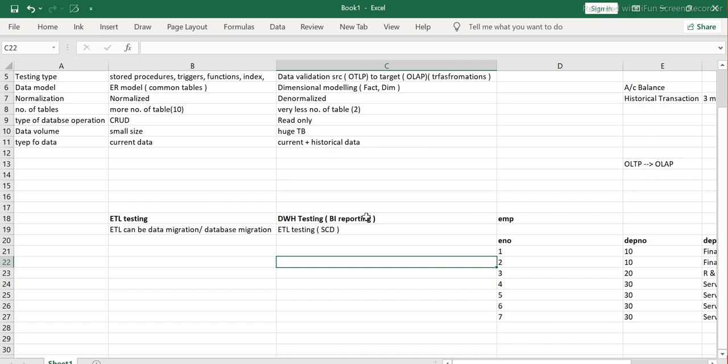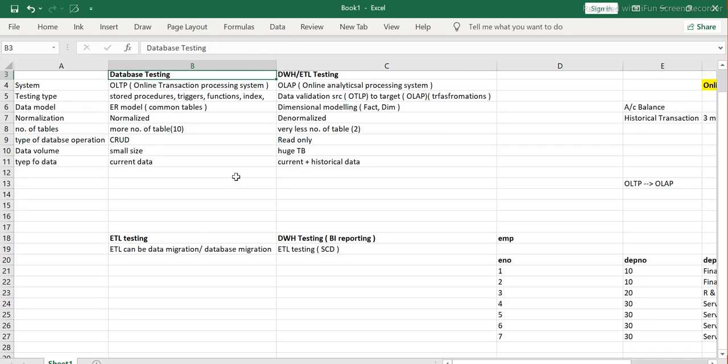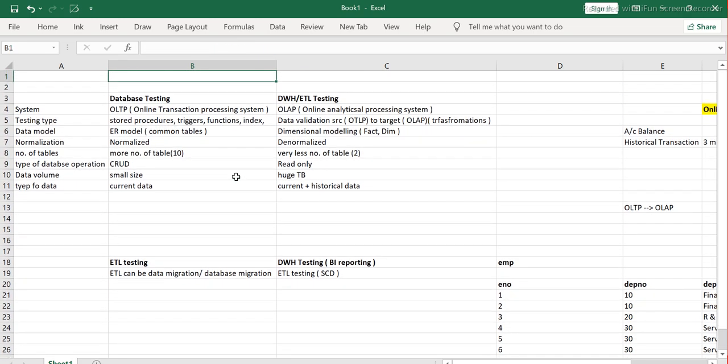Whatever data is there in the data warehouse, that same data has to be checked against the BI reports that are generated, right? So sometimes that is also called data warehouse testing, or sometimes they say BI reporting testing, BI testing, etc. Right? So hope you are able to understand it, guys. I don't want to explain too much about it, but I think you got the idea.